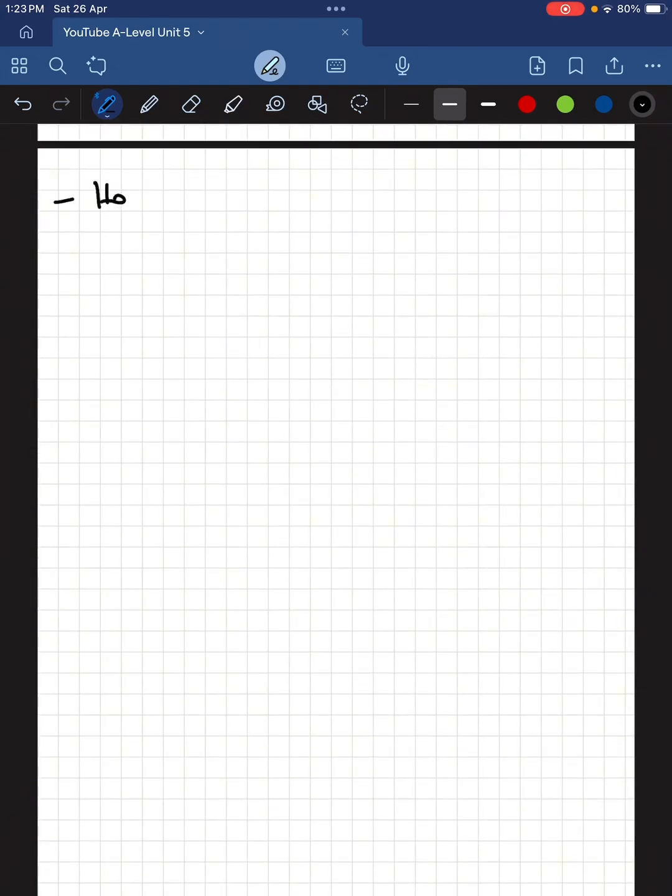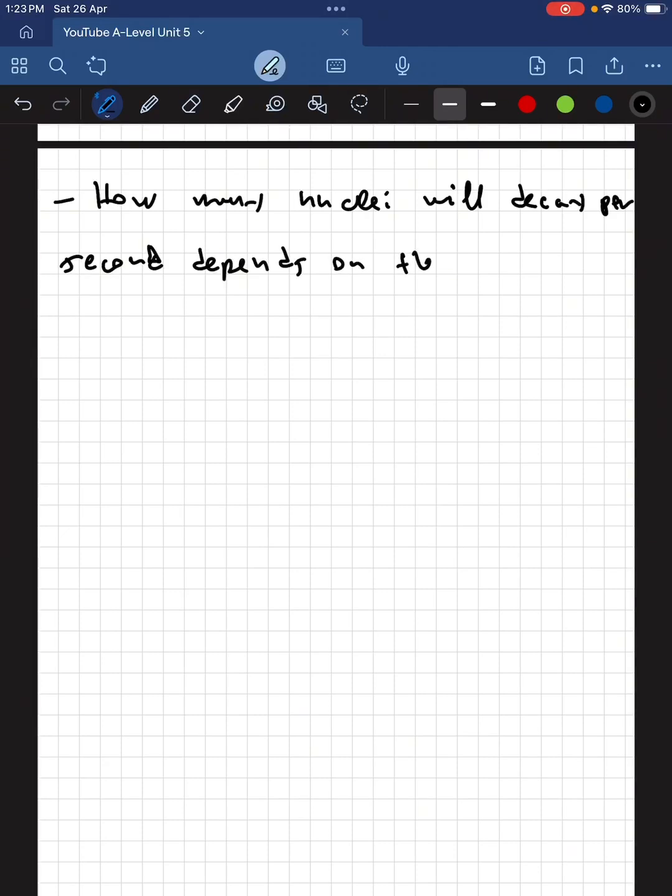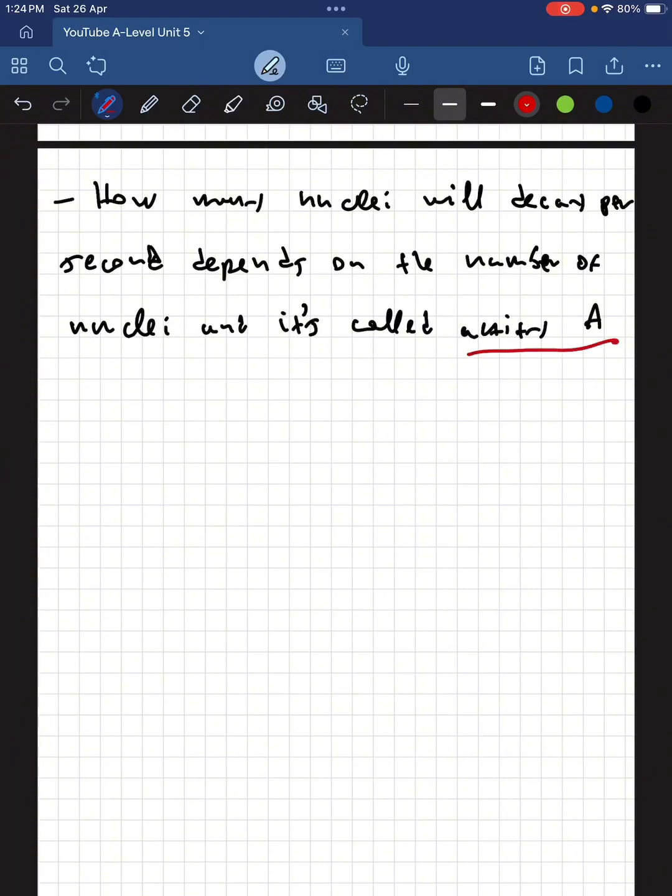Now, how many nuclei will decay per second depends on the number of nuclei, and it's called activity, denoted by A. Okay, so this is important.